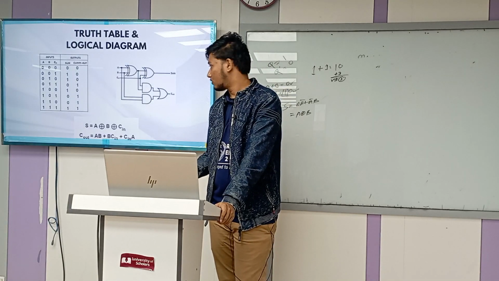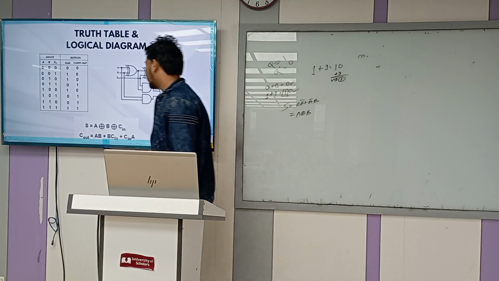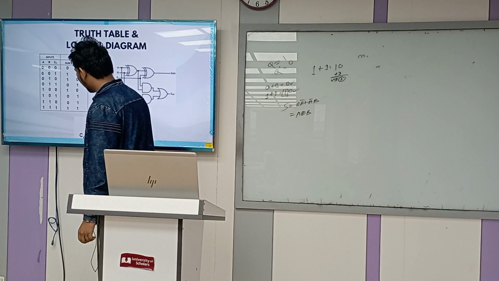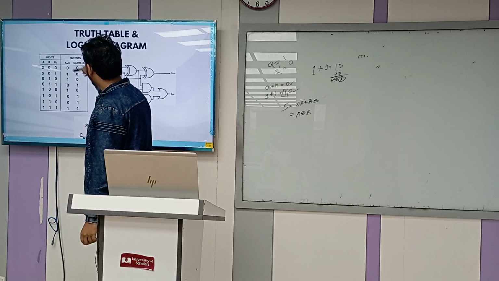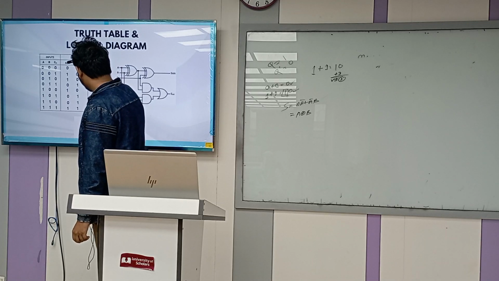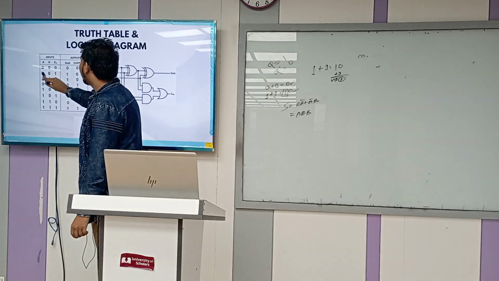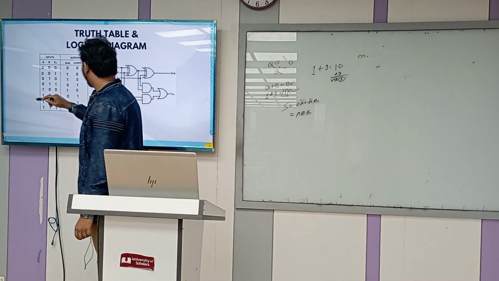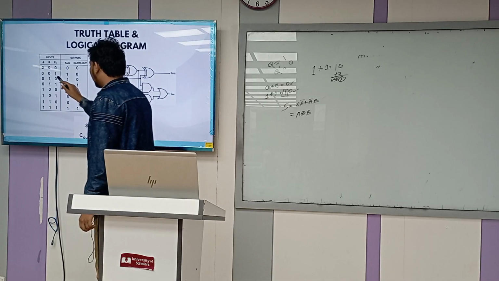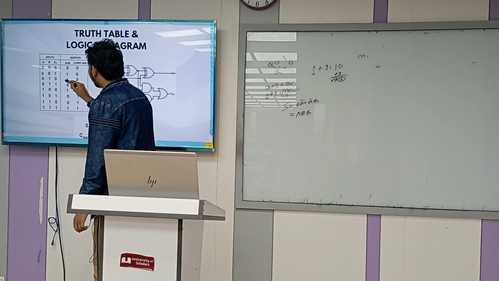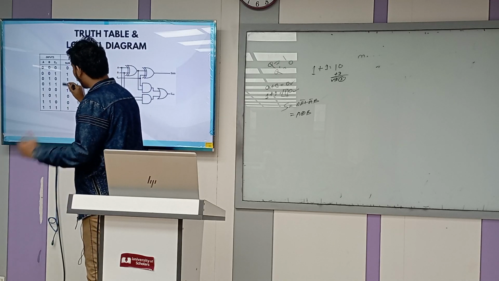Can I explain? Yeah, sure. So first of all, we can see the S, this is the sum. When S is 1, these two terms are high. That means A naught, B naught, C in, and it goes like that.